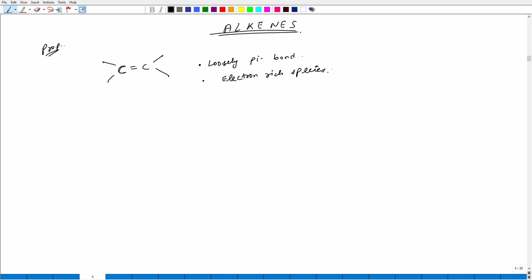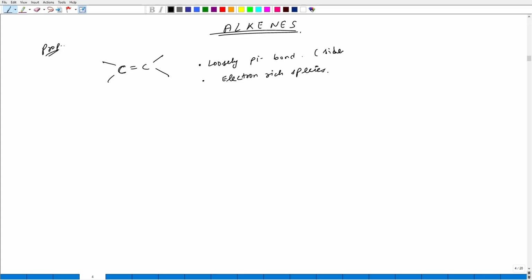There is a pi bond in this, so the electron cloud density is more compared to the alkanes. That is why the alkenes are more electron rich, and these are loosely bound by a pi bond. The pi bond is not very strong as compared to the sigma bond. So, the pi bond is loosely held because of the sideways overlap.